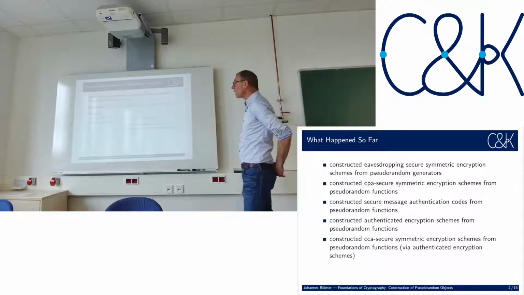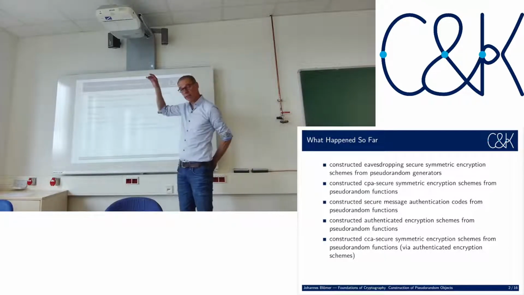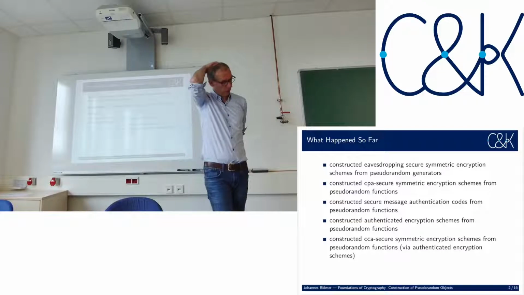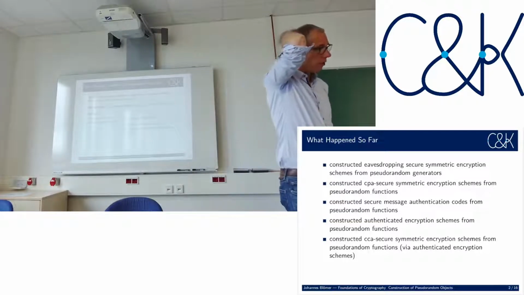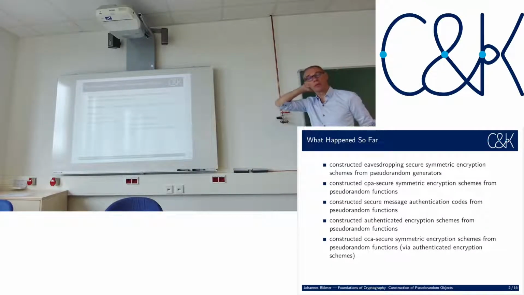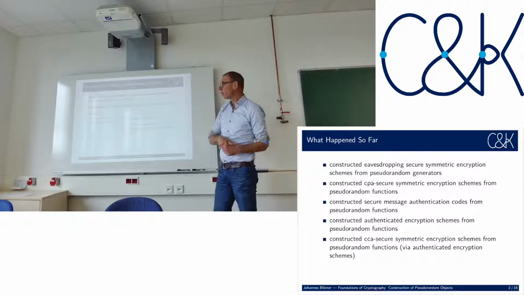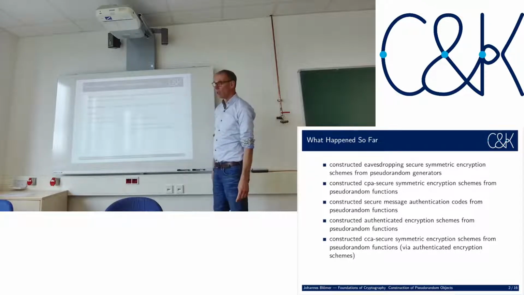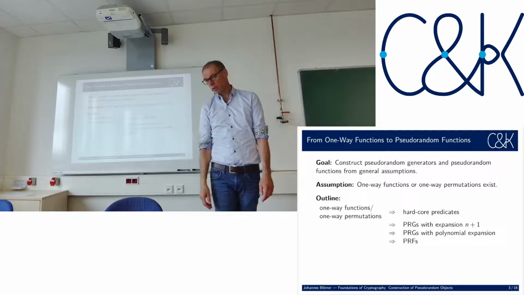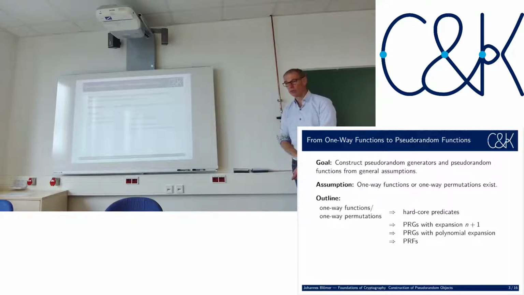I said at the beginning of the course that we want to construct secure cryptographic primitives from general assumptions. So in the area of symmetric cryptography, this all boils down to the goal of constructing pseudorandom generators and pseudorandom functions from general assumptions.